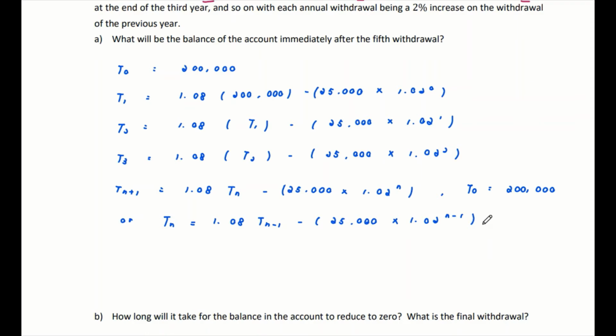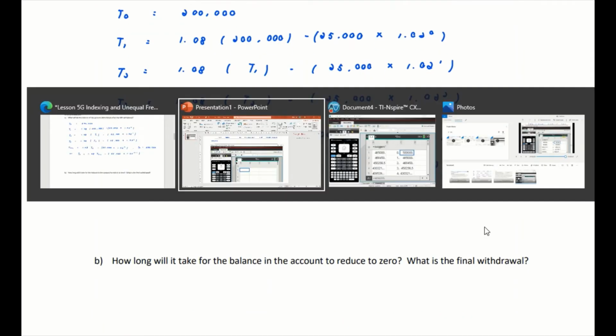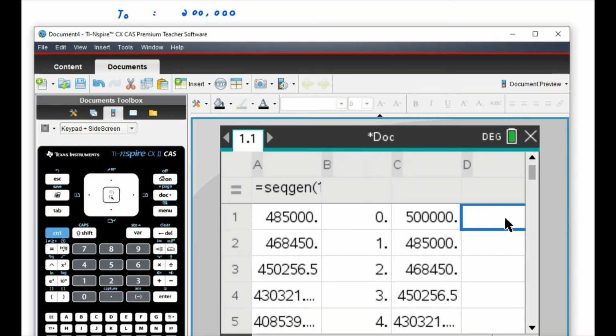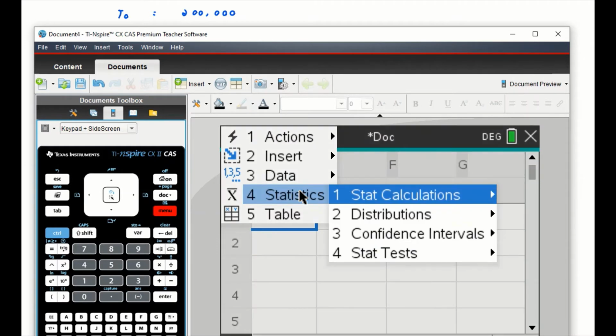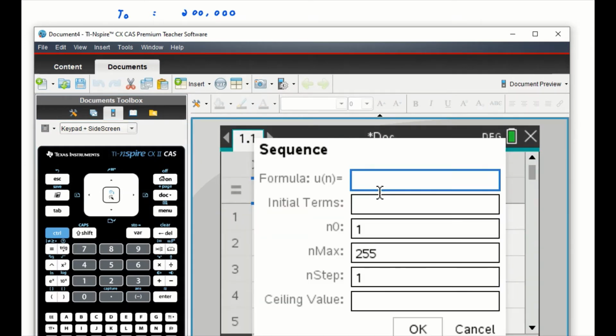Okay, so now let's try to key all this into our calculator. All right, so we are here. Generate the sequence. So we get 1.08 multiplied by Un minus 1, and then minus 25,000 multiplied by 1.02 to the power of n minus 1.